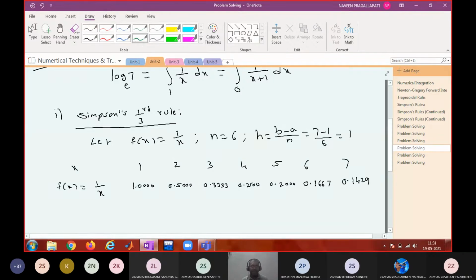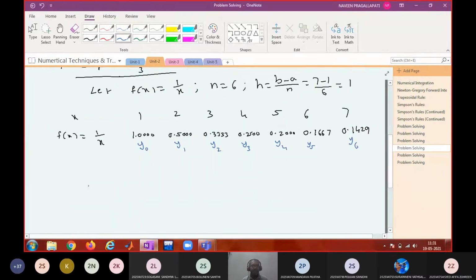So you identify these values as y0, y1, y2, y3, y4, y5, y6, so that it will be easier in writing the formula. So what is Simpson's rule?